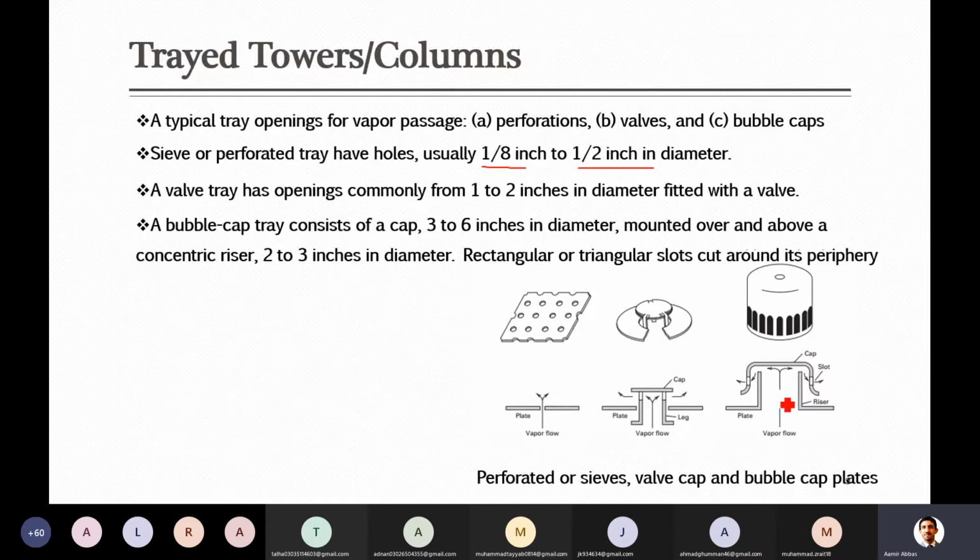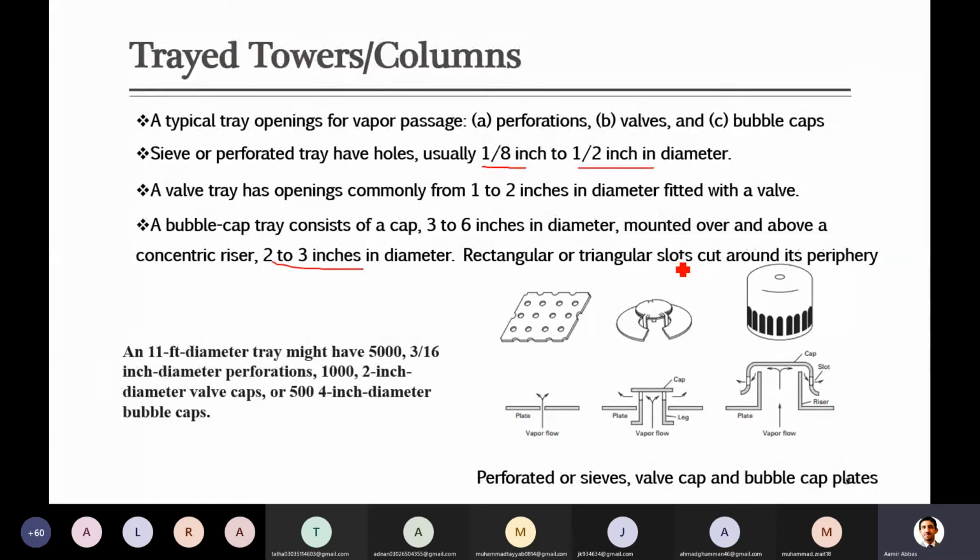Vapor will just pass through this area, which is usually 2 to 3 inch in diameter, through this riser, and the overall cap has a diameter of 3 to 6 inches. So vapor will go to the top, and then they find some paths through the holes mentioned here, escape through these, and come in contact with the liquid on the surface.